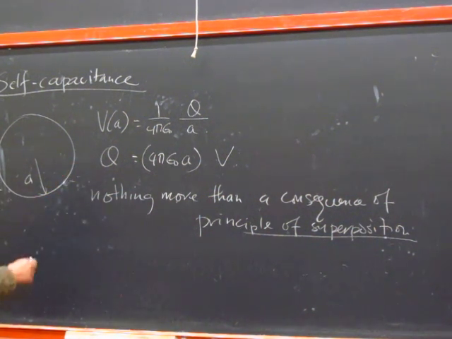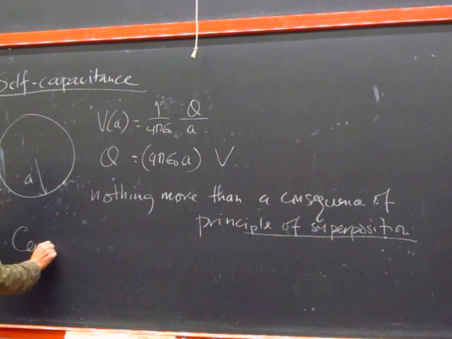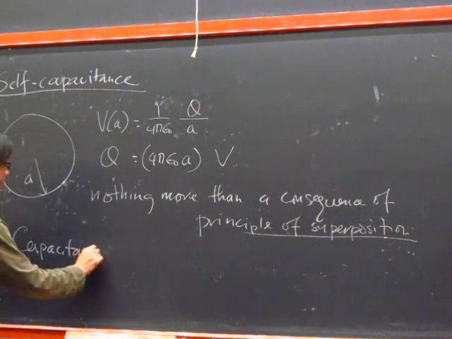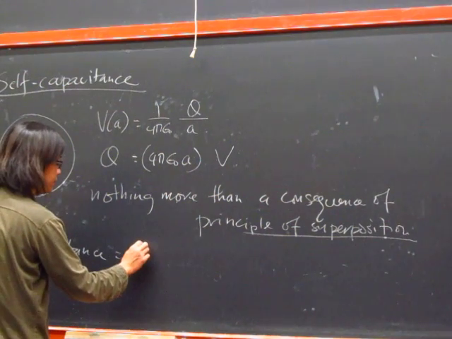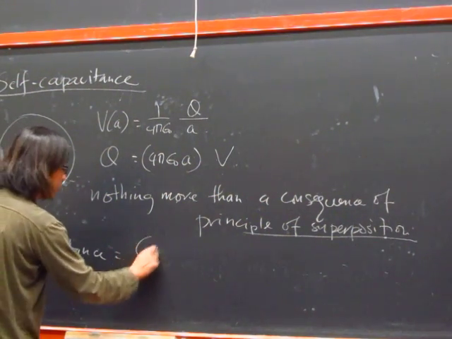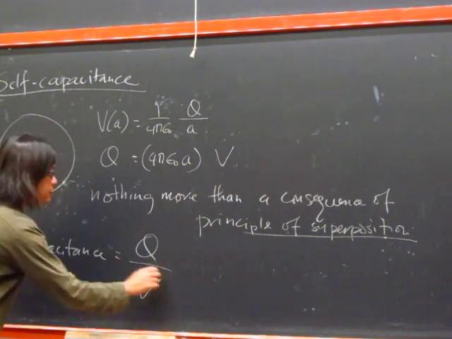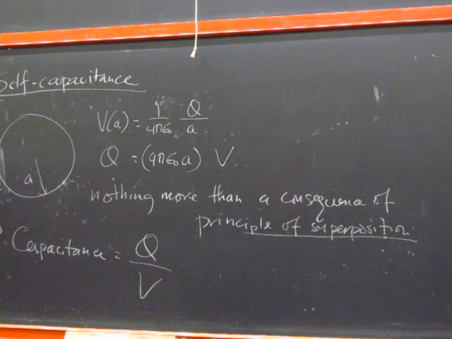And the capacitance is defined, in this case, the self-capacitance of just a conductor, in this case a sphere, as the amount of charge that you can hold at some potential, right?